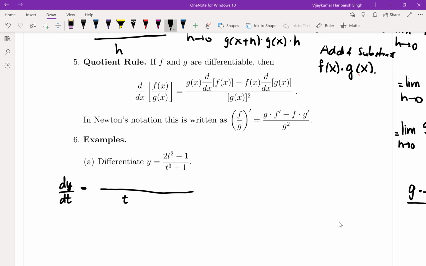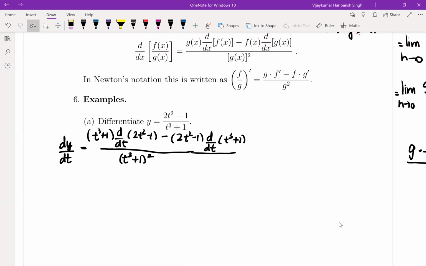So denominator square, denominator as it is, times d by dt of 2t square minus 1, minus 2t square minus 1 times d by dt of t cube plus 1, the denominator. So this is the quotient rule.